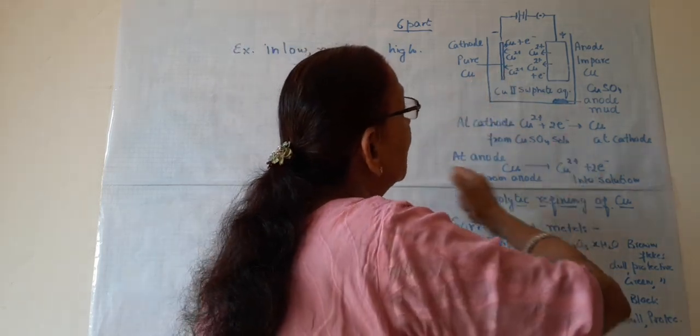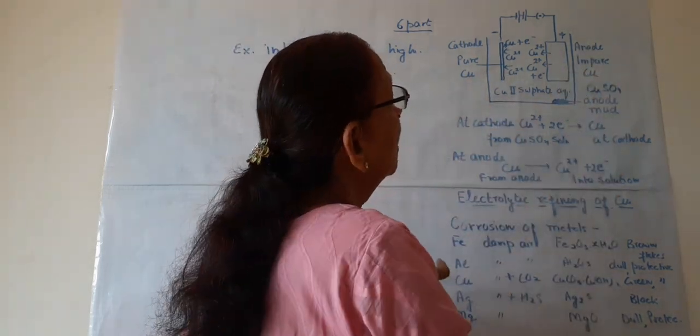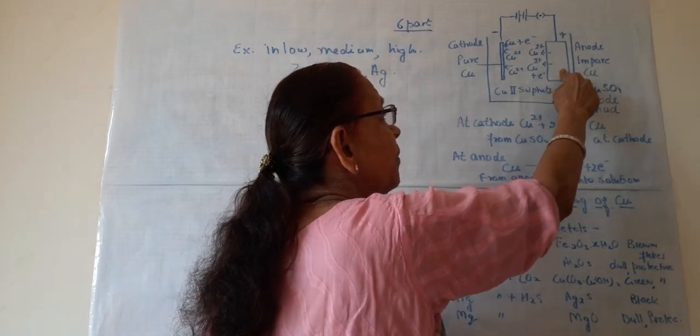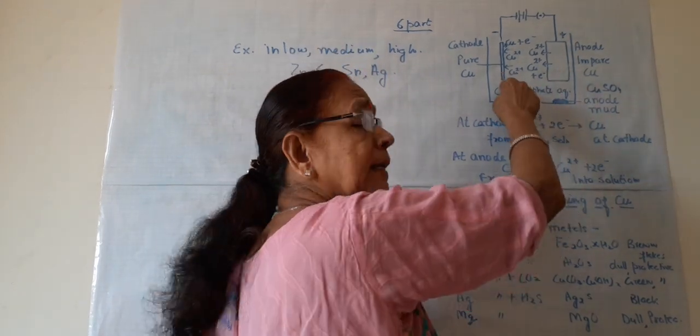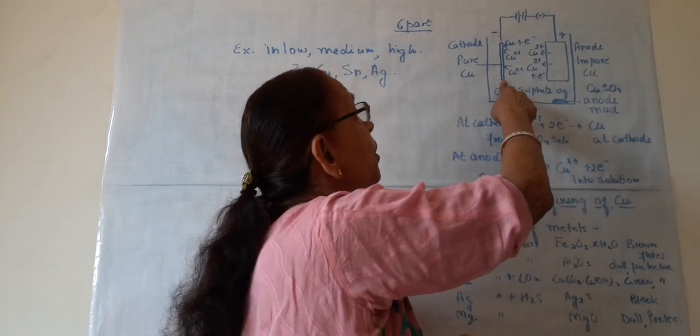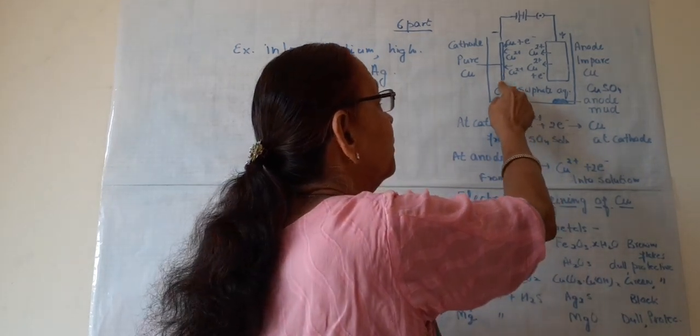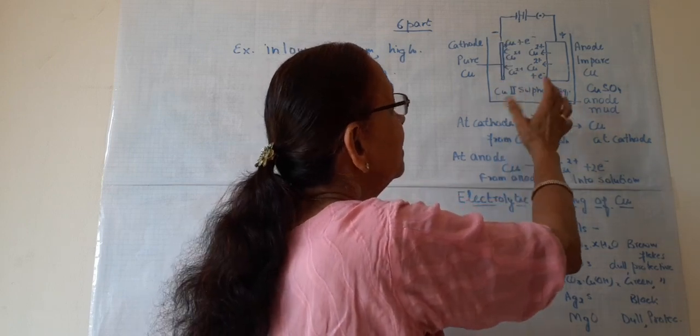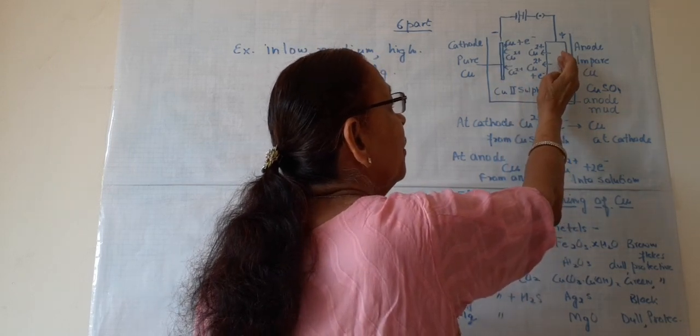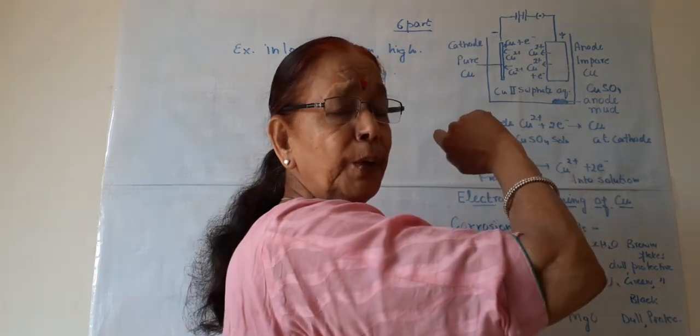In this way, the process goes on. The copper is released from the impure anode and gets deposited on the pure cathode thin strip. In this way, all the copper from here is transferred to here.